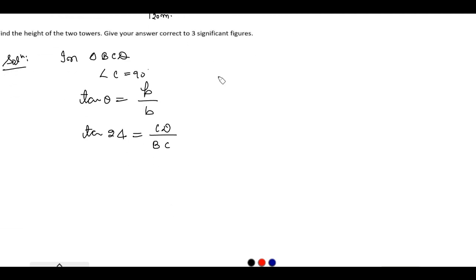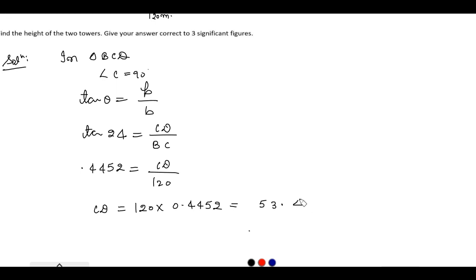So tan 24 will be equal to perpendicular CD and base BC, and that is 120 meters. tan 24 की वैल्यू आप टेबल से पुट करेंगे. That is 0.4452 and BC is 120 meters, so CD will be 120 multiplied by 0.4452, and that is 53.424 meters.